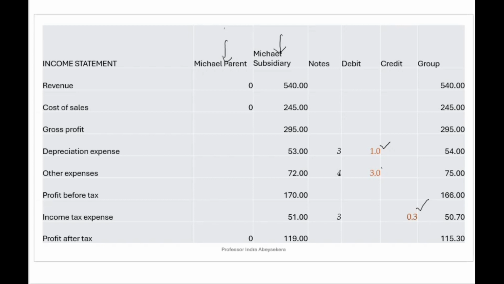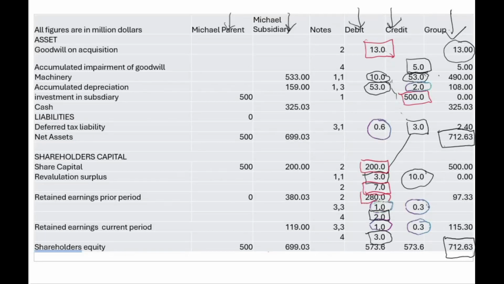And there was other expenses of goodwill impairment, 3 million. So that's included. Therefore, the group profit after tax became 115.3. That 115.3 is now included in the balance sheet for the current period.